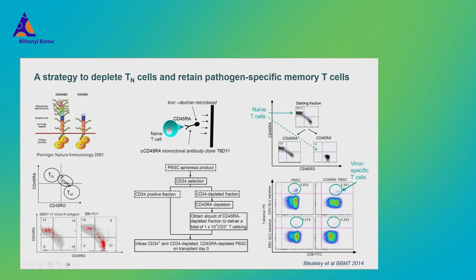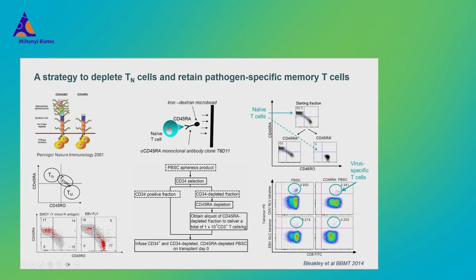So we looked at the potential to separate naive and memory T cells based on cell surface markers. As you know, CD45 is a surface protein tyrosine phosphatase, and the high molecular weight form, CD45RA, is expressed on all naive T cells and only a subset of memory T cells.